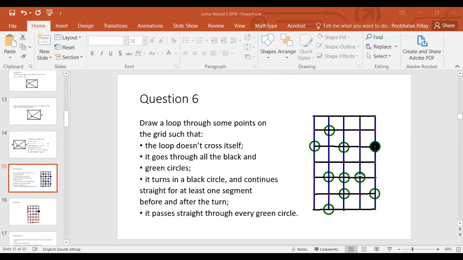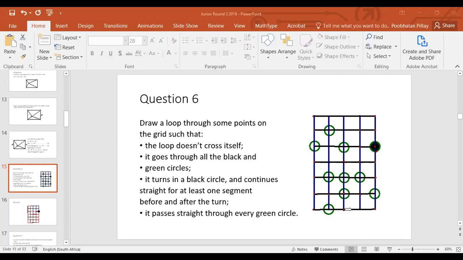So at the black circle, it will turn. I think that is kind of obvious. And continues straight for at least one segment before and after the turn. And it passes through every green circle.